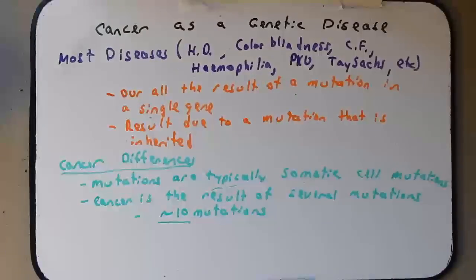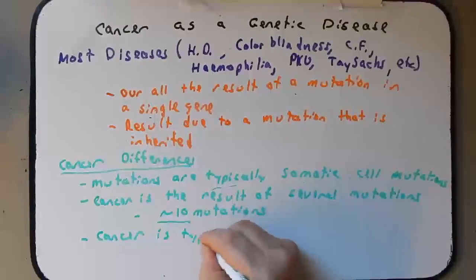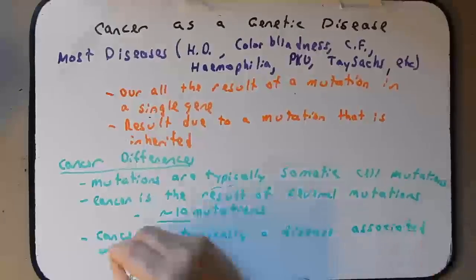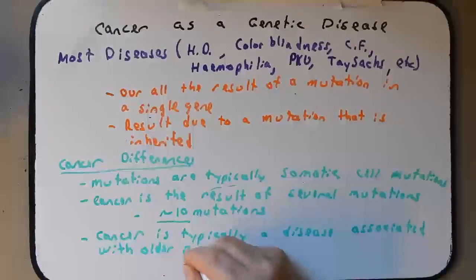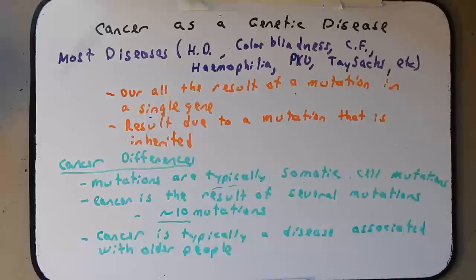Because you have to have about 10 mutations, cancer is typically a disease associated with older people. Unfortunately, that's not always the case. I know, and you probably know, some people who have developed cancer as a child or as a young adult.